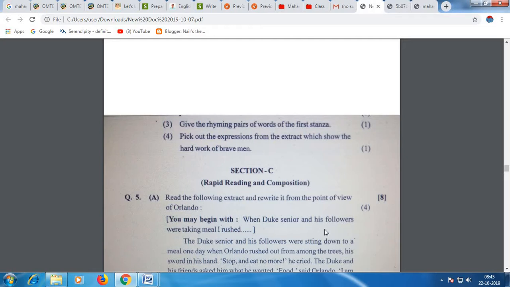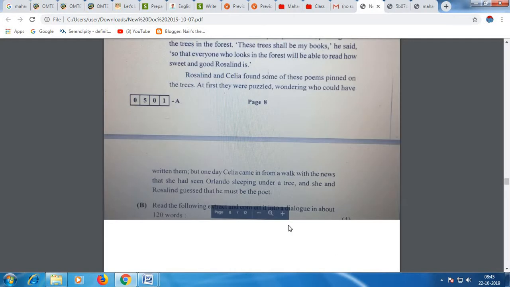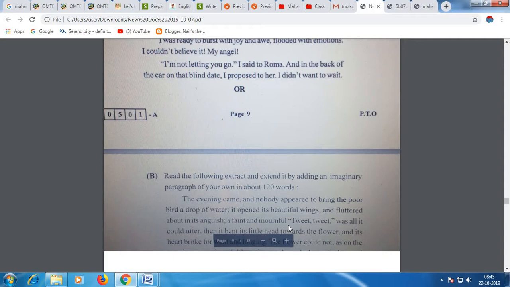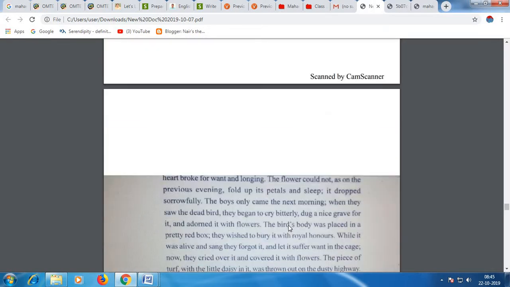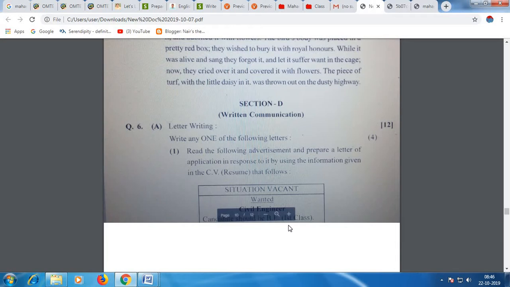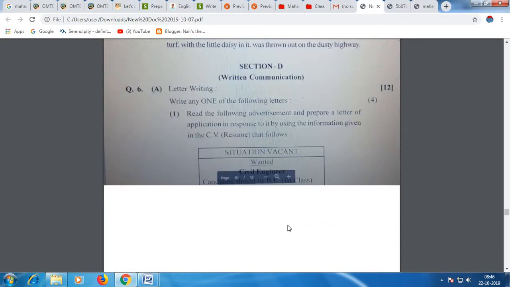You may begin in this manner. Total 8 marks, 2 things are given. And written communication. So this section is of, we can see, 12 marks.